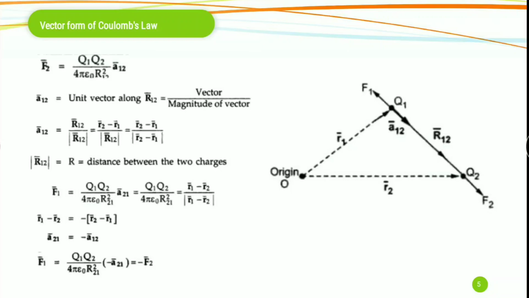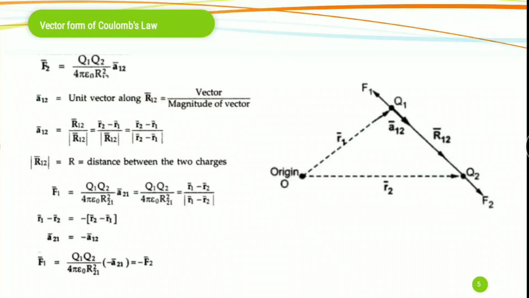Whenever you write vector form notation for the force, you write the unit vector. That unit vector is always along the line joining the two charges, that is, the distance between the two charges. So automatically that is the unit vector direction. Here A12 bar is the unit vector along R12 bar.